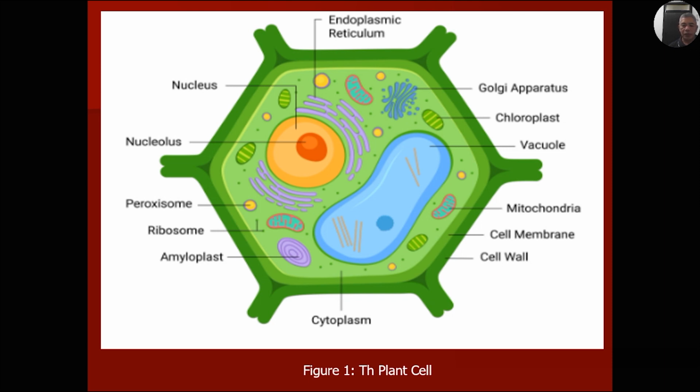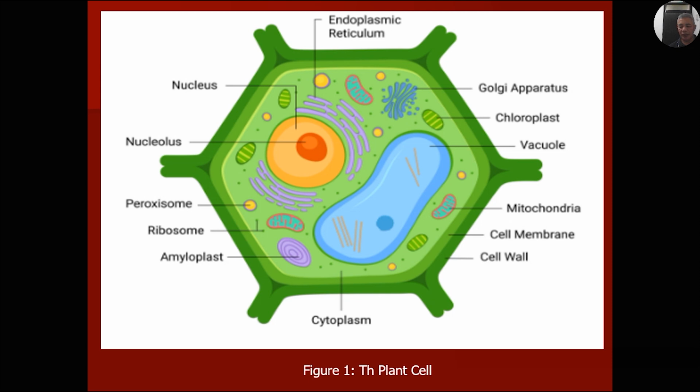Next is the cell membrane. The cell membrane is the semi-permeable membrane that is present within the cell wall. It is composed of a thin layer of protein and fat.